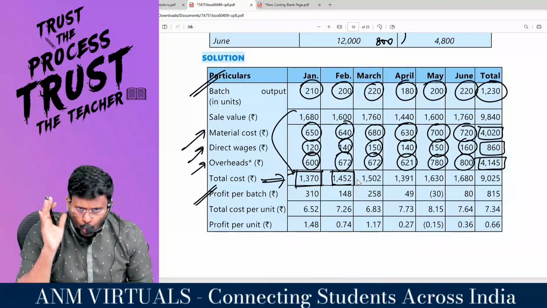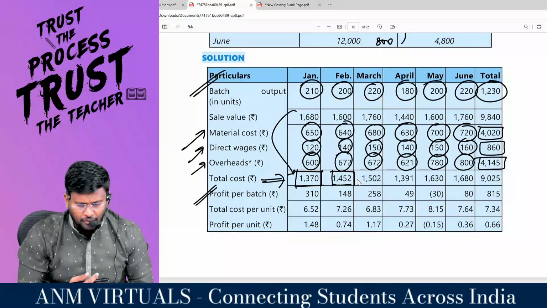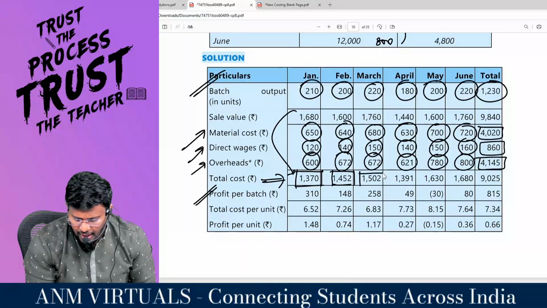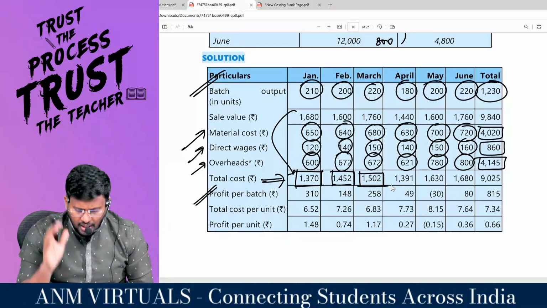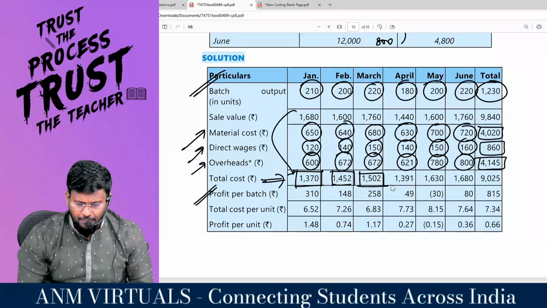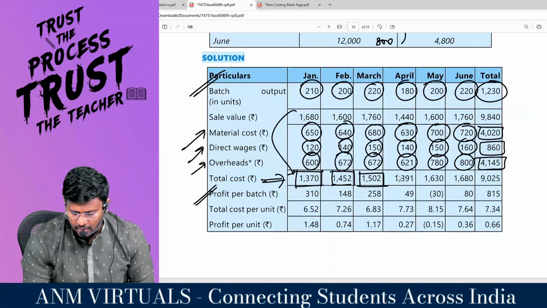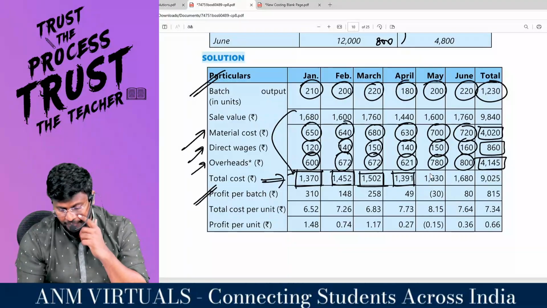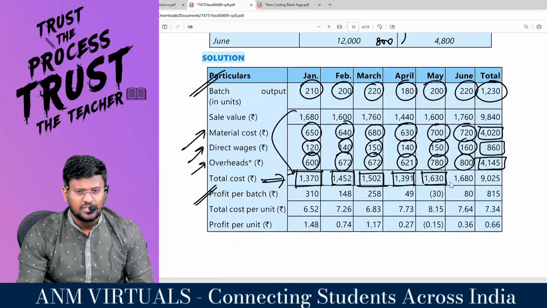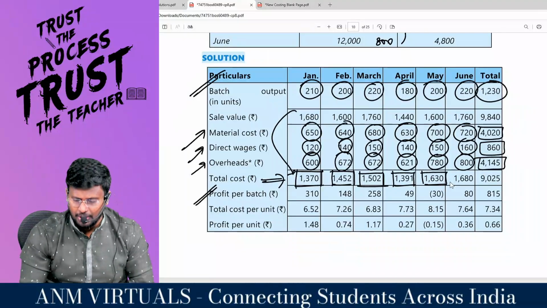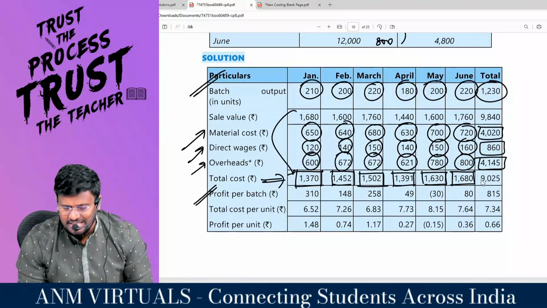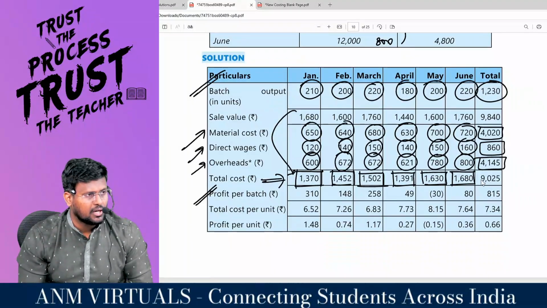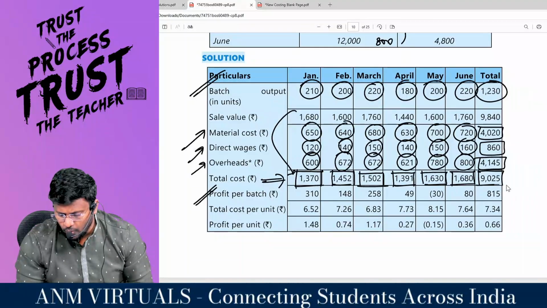1,452 is the total cost I have incurred in the month of February. 1,502 is the total cost in the month of March. 1,391 is the total cost I have incurred in the next month, 1,630 in the next, and 1,680 in the last month. 9,025 is the total.